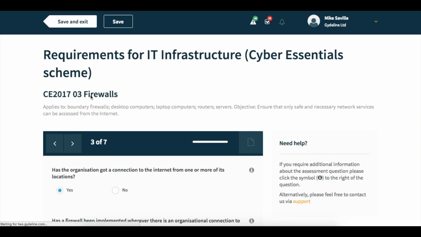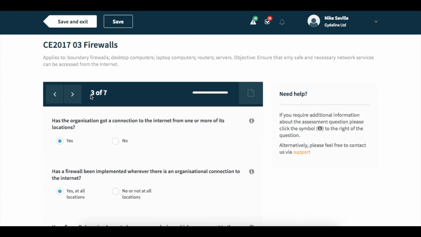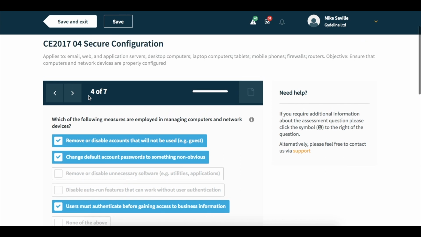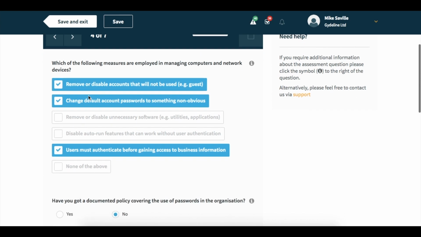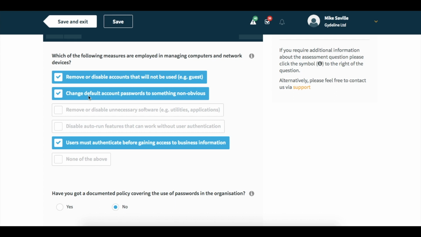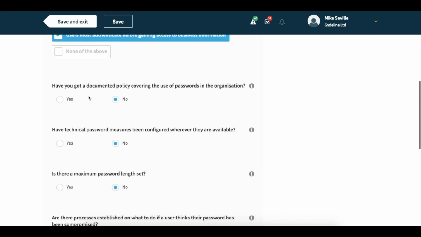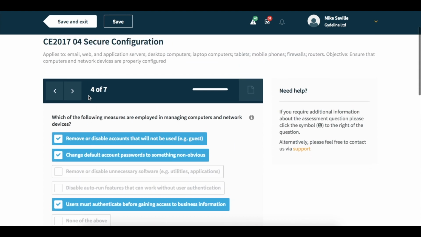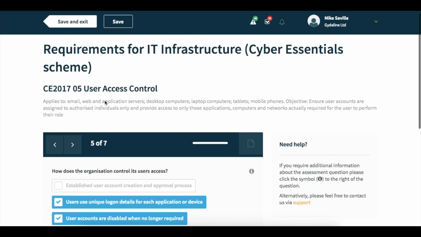It covers firewalls, how you protect devices from intrusion and from the outside world. It covers the configuration of devices. Have you disabled accounts? Have you controlled who accesses those accounts? Have you got password policies in place for your organization? And more about how you control the security of configuration.